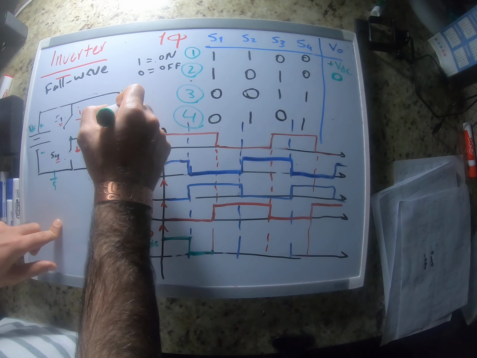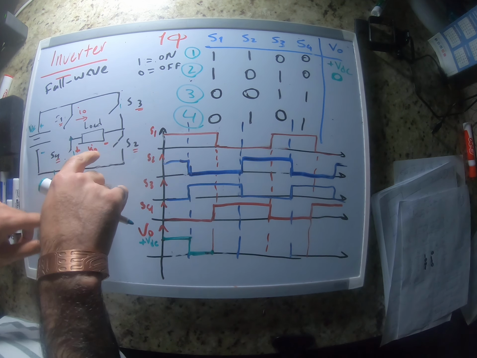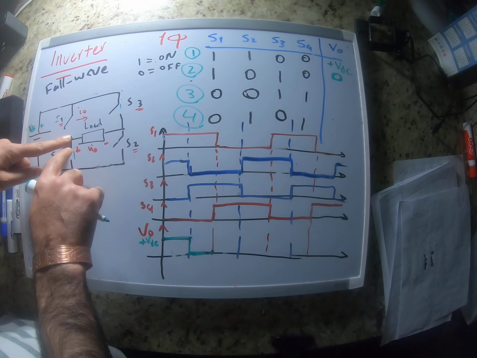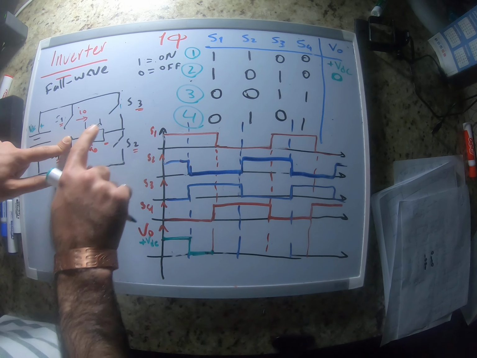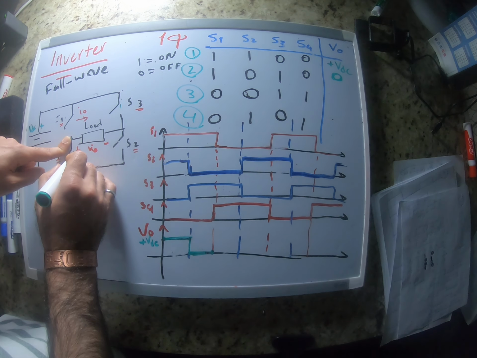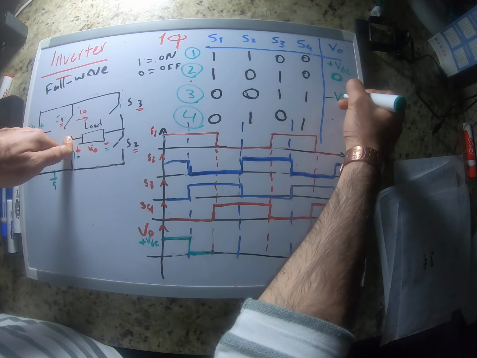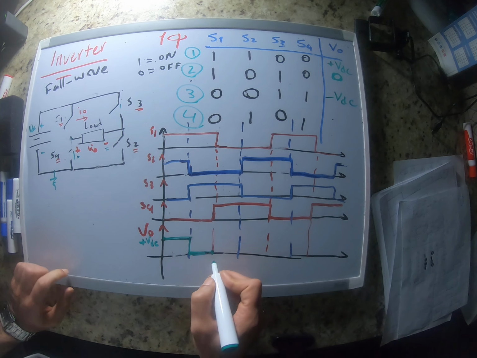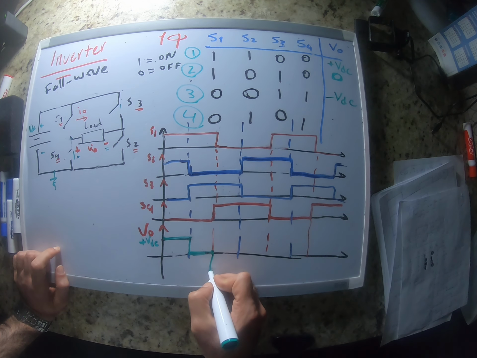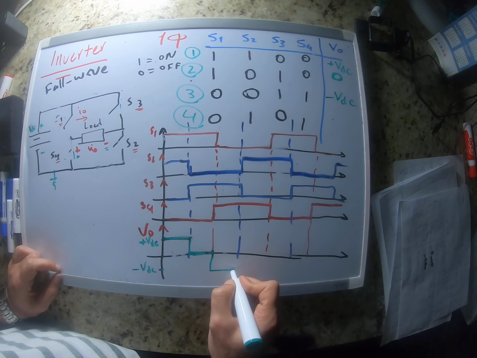So we have this node of the load connected to ground and this node connected to positive VDC. Because of the notation that we chose for our output voltage, this becomes negative VDC. So when S4 and S3 are on, this becomes negative VDC.